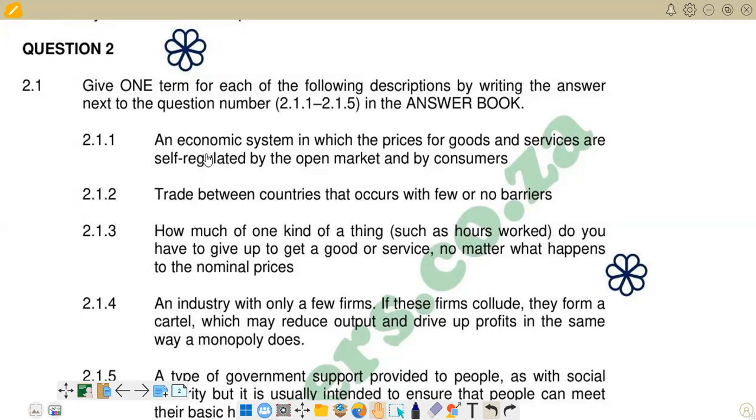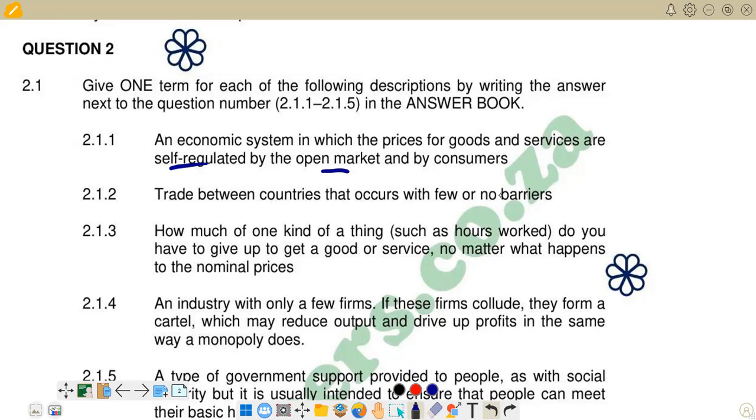If you look at this question, the explanation fits a market economy, because there's self-regulation, which means there is no government interference. It's also an open market, and the prices of goods and services are self-regulated by the open market and by consumers.